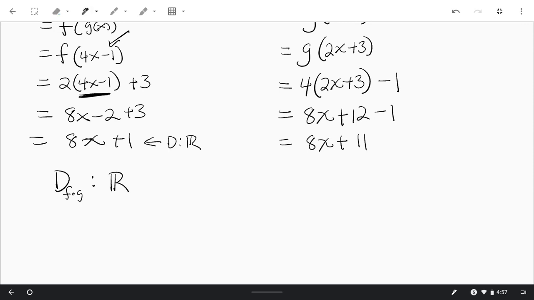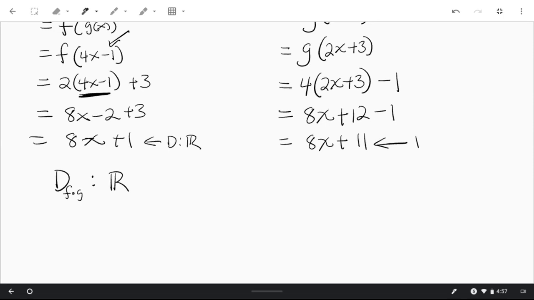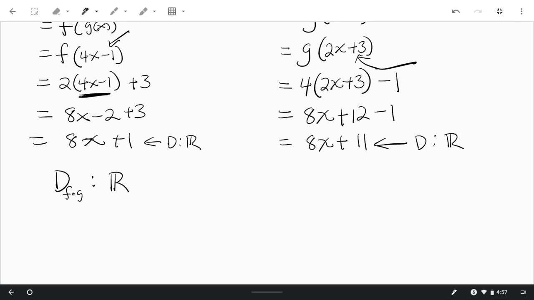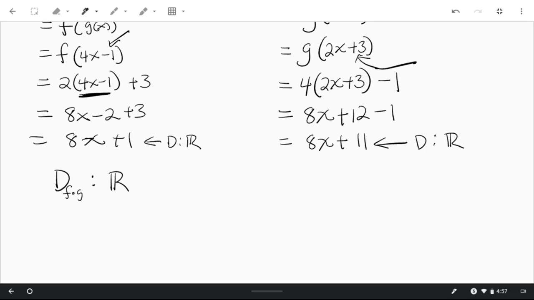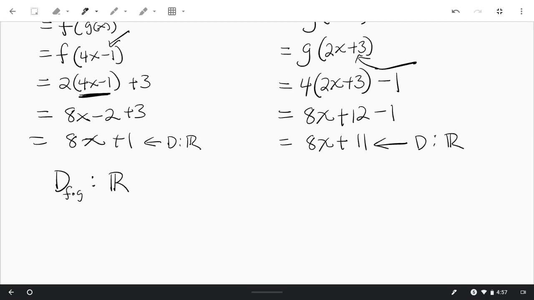Right here, the domain is all real numbers because there are no restrictions. The function that we plugged in, this one right over here, has no restrictions, so its domain was all real numbers. What you're looking at is the final function and the function that you plug in.